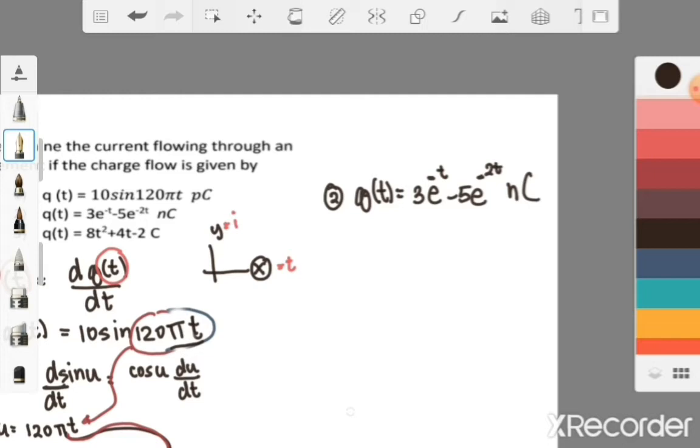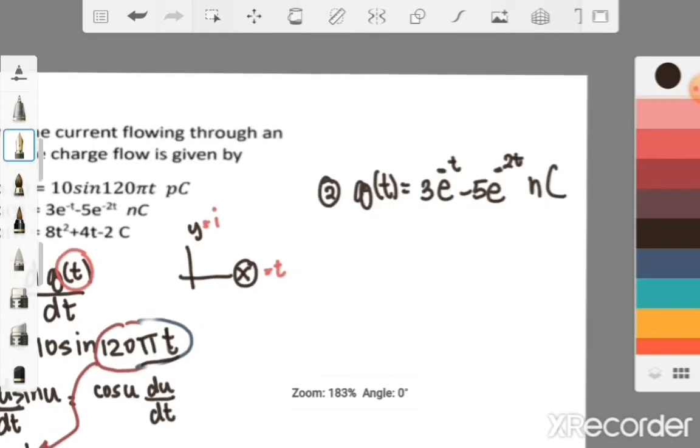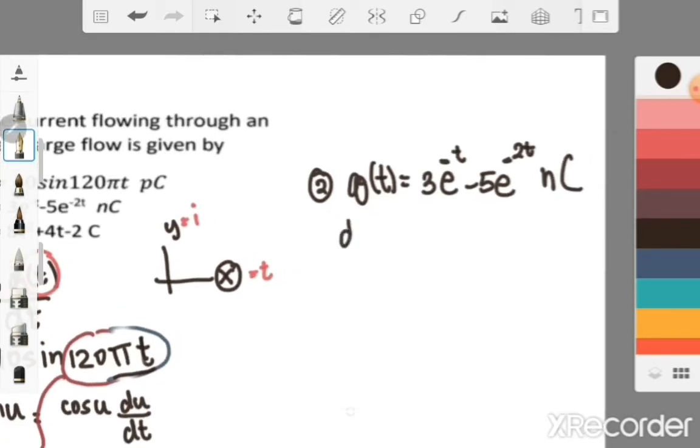Okay? So we all know that the derivative of e raised to u with respect to dt is equal to e raised to u du. Right? Am I correct? So feel free to check this derivative formula.